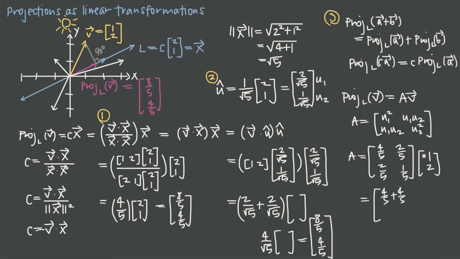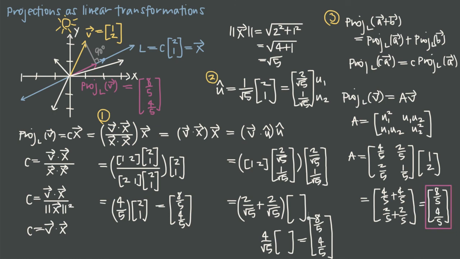And then 2/5 times 1 is 2/5, and 1/5 times 2 is 2/5. And so the result here will be 8/5 and 4/5.